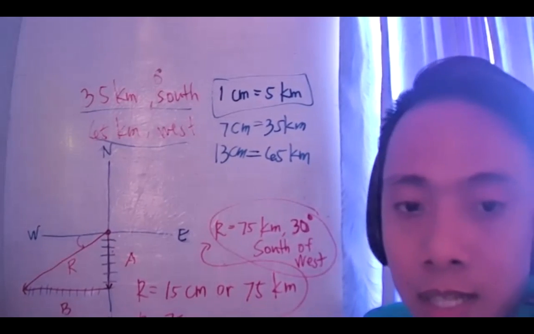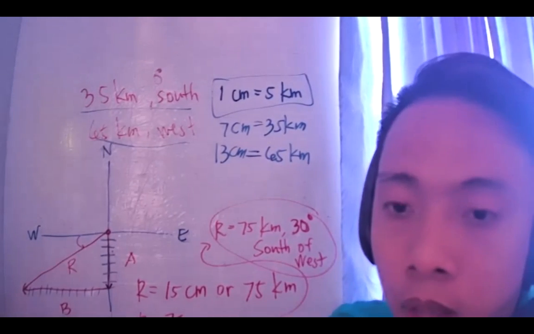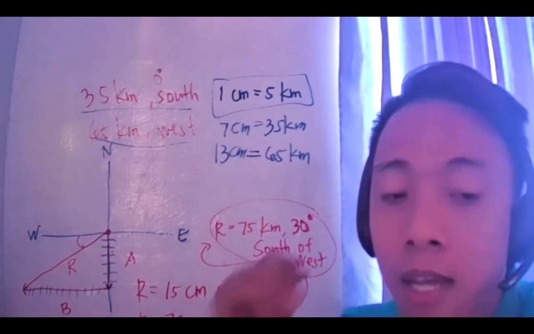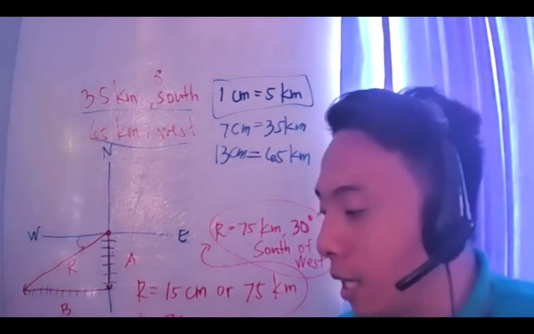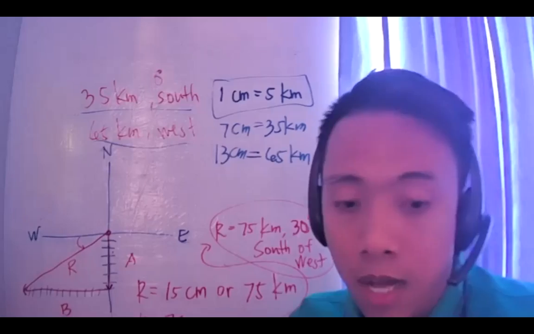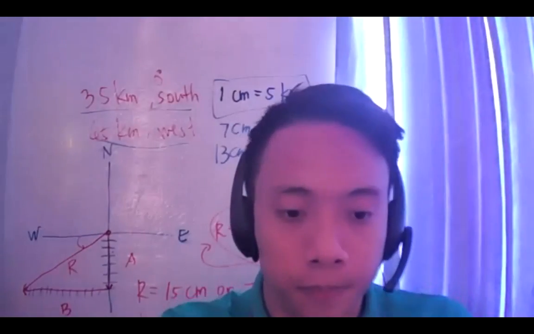So that is how we can solve for the sum of a vector using a graphical method. And that's only a quick review for this one. So we will now move on to another topic.